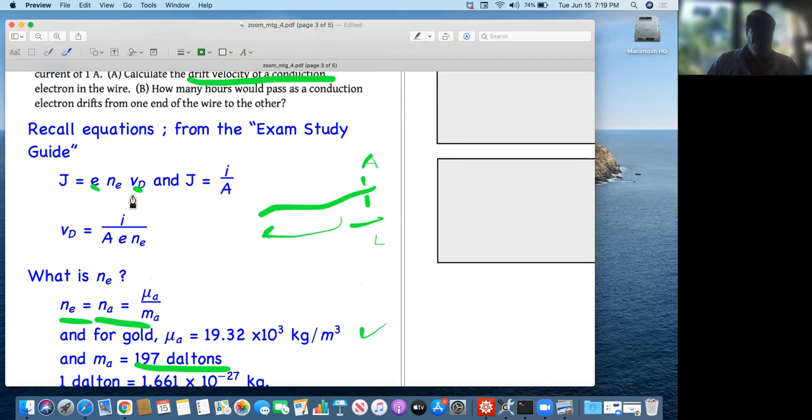The easy way to do these physics problems is don't start putting in the numbers until you've actually analyzed the equations. So start by using algebra to get the equations, and then once you've got the equations, you can just substitute in the numbers. That's a lot easier than substituting in the numbers from the beginning.